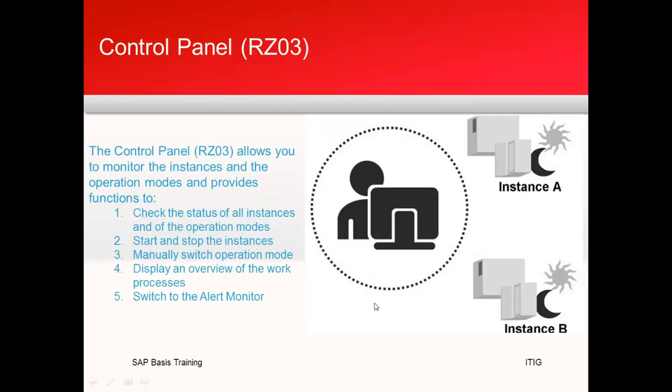Before that, let's see this T code, RZ03. It shows you the control panel which allows you to monitor the instances and the operation modes, and provides functions to check the status of all instances and of the operation modes, start and stop the instances, manually switch the operation mode, display the overview of the work processes and switch to the alert monitor.